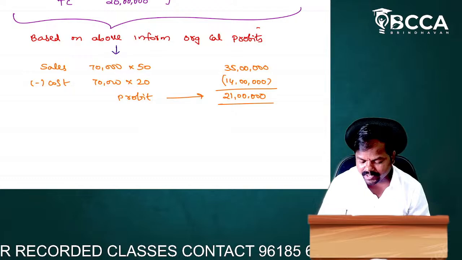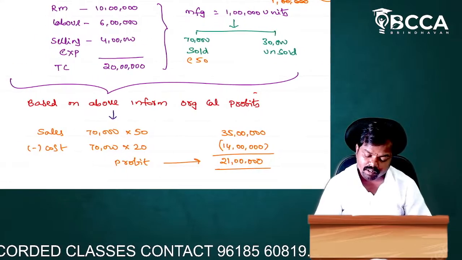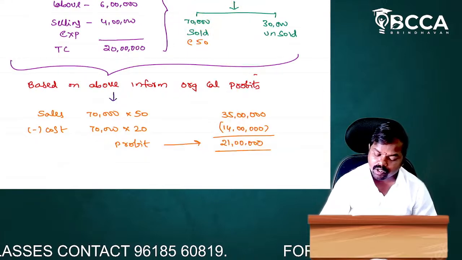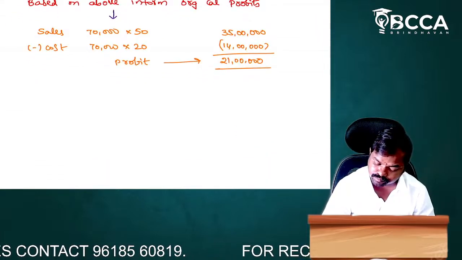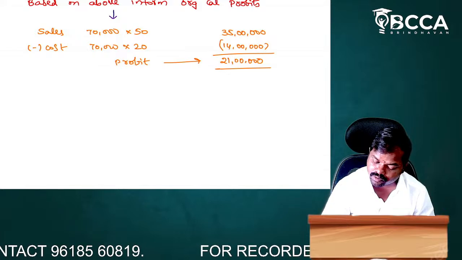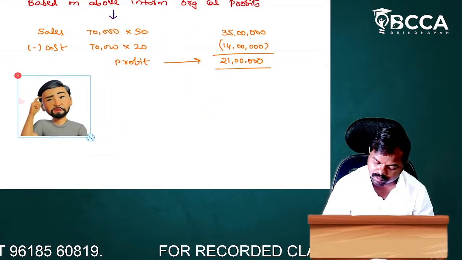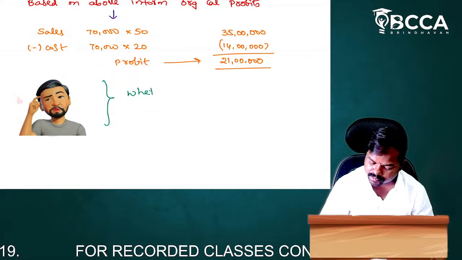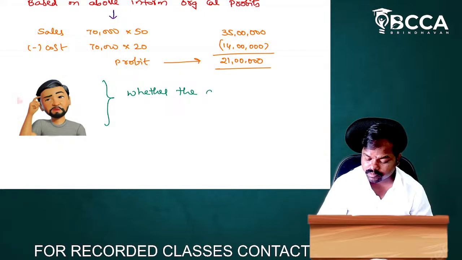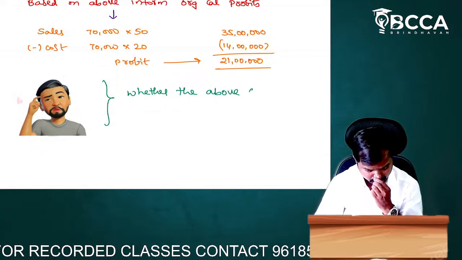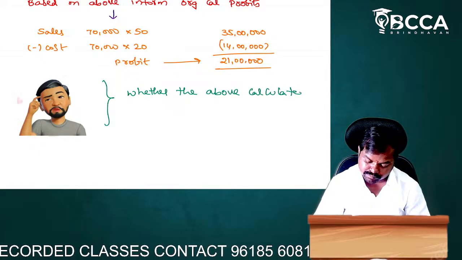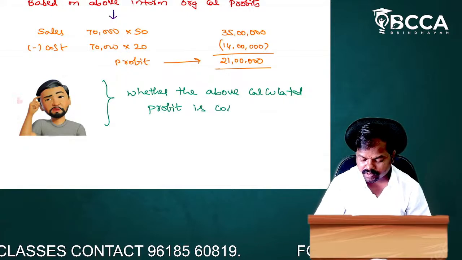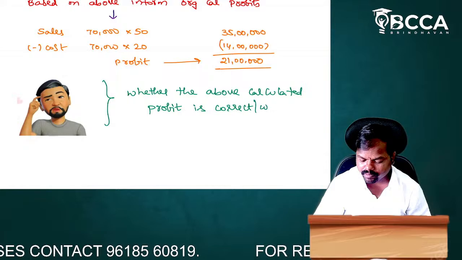They disclose like this. If you observe, out of 1 lakh units, 70,000 units only sold, 70,000 cost only there. Now, biggest question mark. Whether the above calculated profit is correct or wrong.